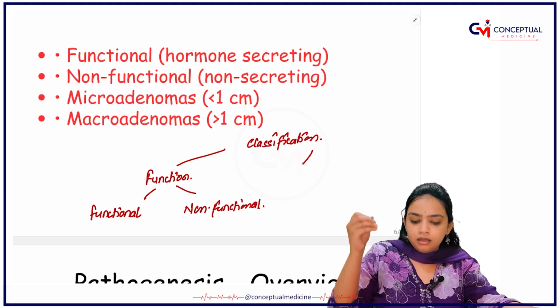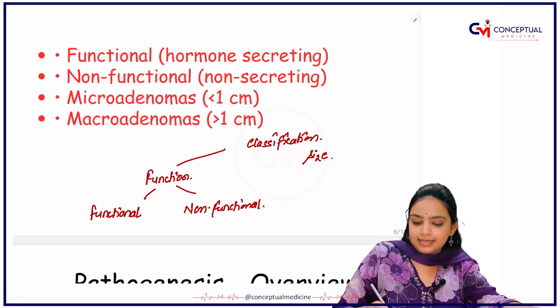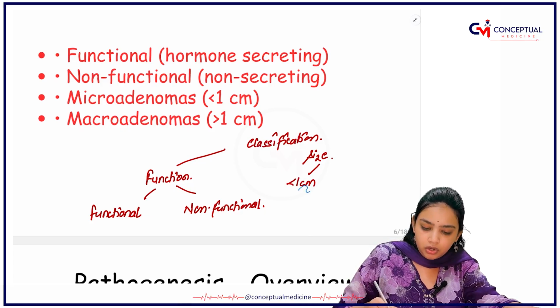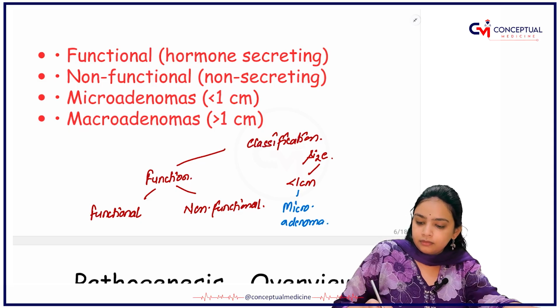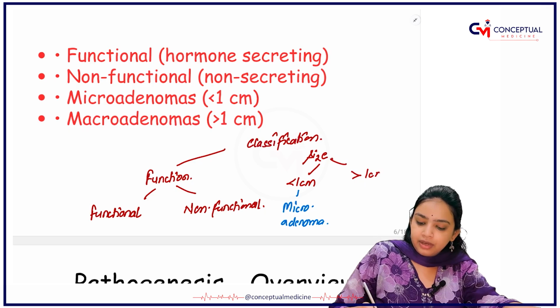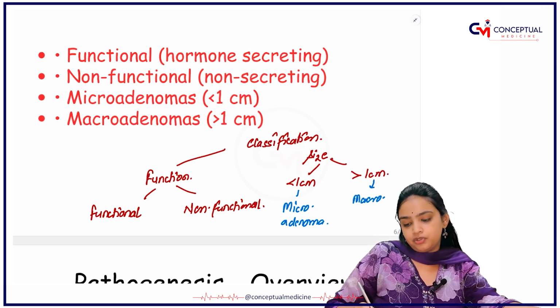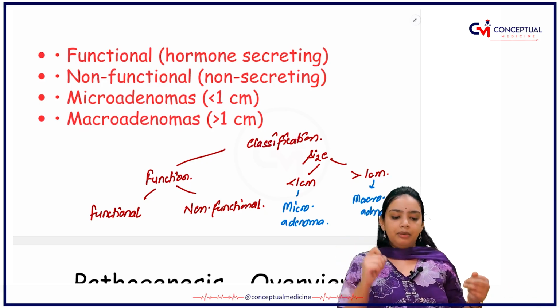Next is based on their size. If it is less than 1 centimeter, it is a microadenoma. If it is more than 1 centimeter, it is a macroadenoma. This thing you need to keep in mind.